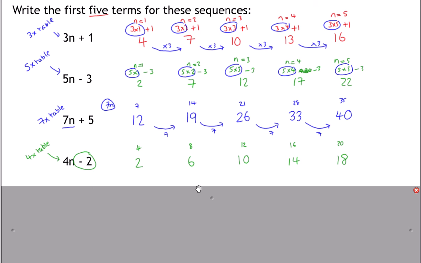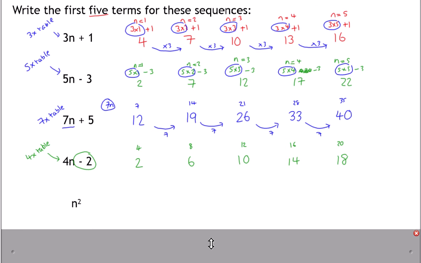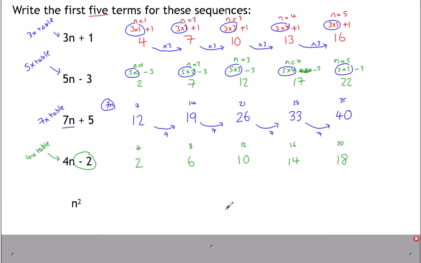So that's how you do ones which have got a times table. So 3n, 5n, 7n, 4n, they just mean the times tables. If you get one which has got n squared, now that's a little bit different because it's not a times table. You're going to have to go back to writing out n equals 1, n equals 2, n equals 3, n equals 4, and n equals 5.